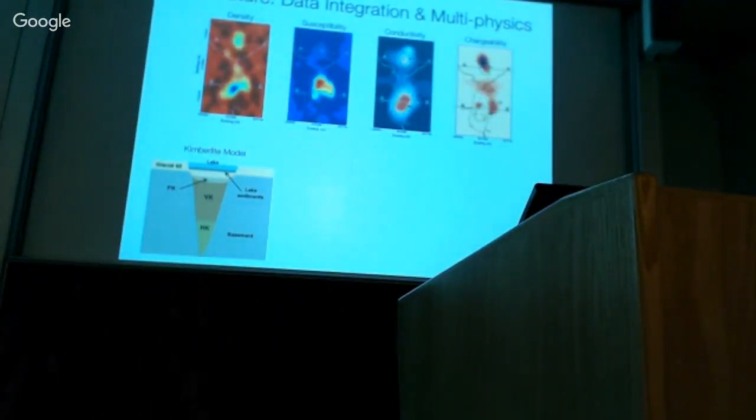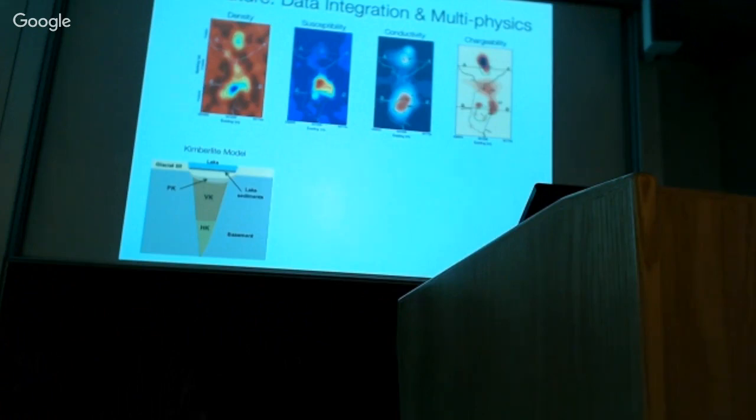The one that might be very interesting to the group here is the fact that we've taken the airborne inductive source time domain data and extracted from that IP information and inverted that to get 3D distributions of chargeability, both at early time and late time. That might actually be of interest.